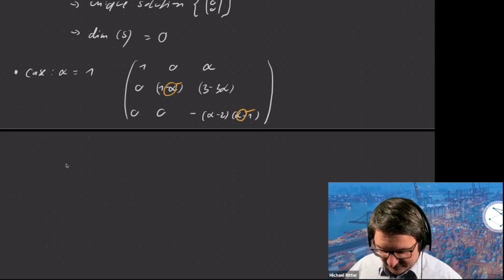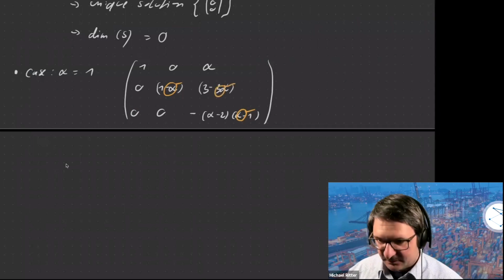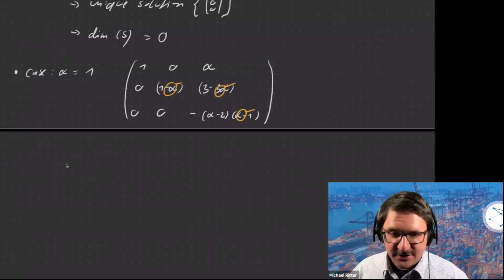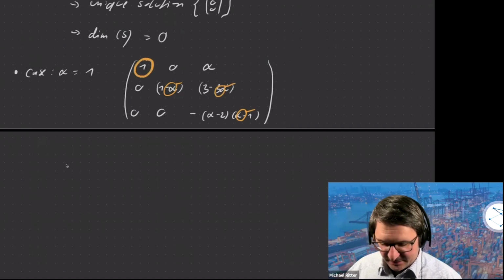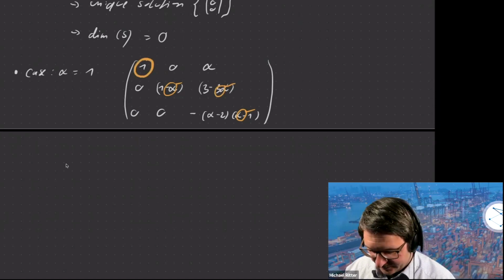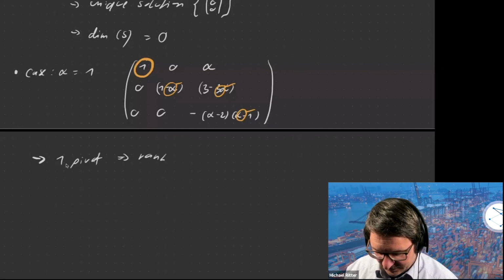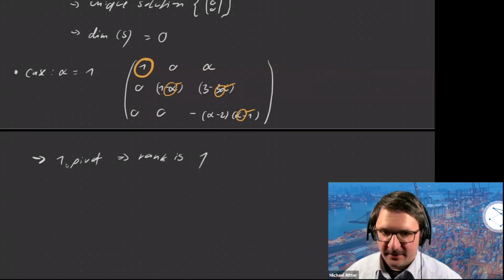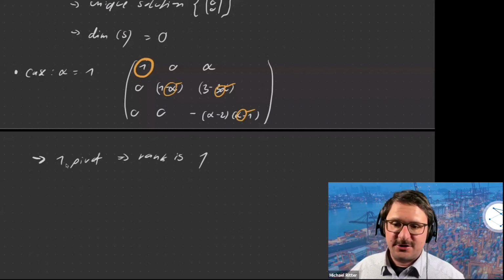And alpha equals 1 also means 3 minus 3 alpha will also be 0. So 0 is all here. We have 2 zero rows. We only have this one pivot element left here. One pivot. That means the rank is now 1. So we have 2 free variables. The dimension of the solution space will be 2.